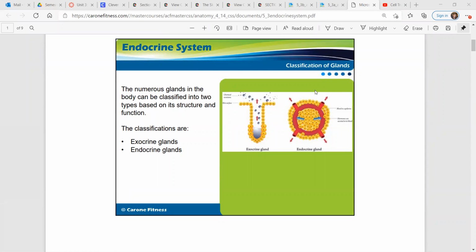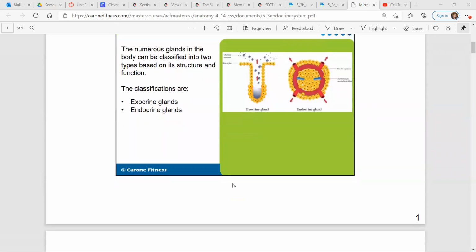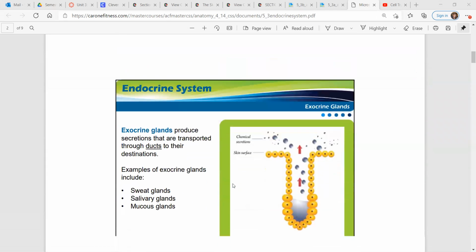There are several glands in the body, and we can classify those into two types based on their structure and how they function in the body. Those two classifications are the exocrine glands, as you can see here, and endocrine glands. So what's the difference?